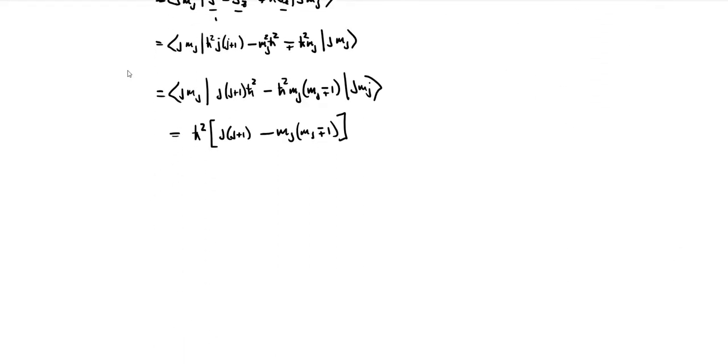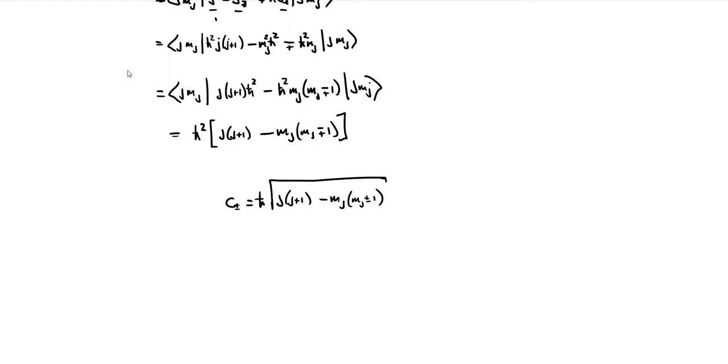So ultimately, what we've shown is that the C plus minus factor is equal to h bar times the square root of J times J plus 1 minus MJ times MJ plus or minus 1.